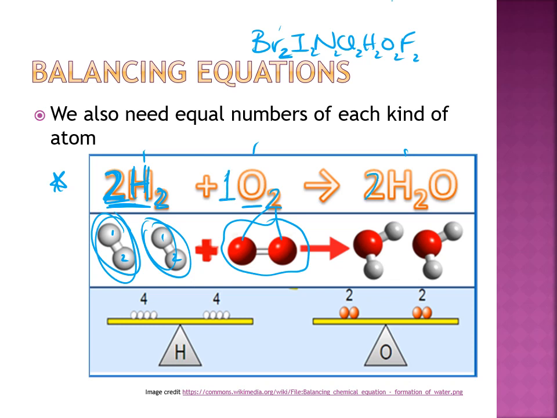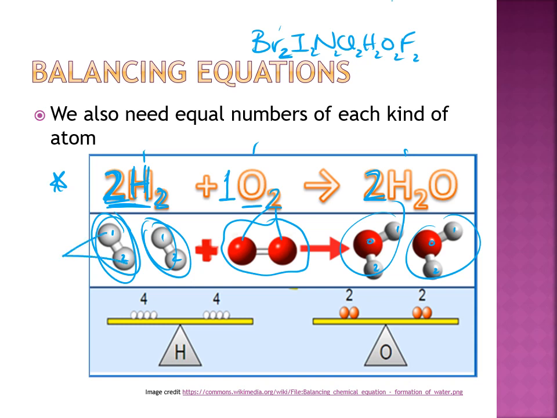And that's going to make 2 molecules of water. I have H2O, here's my 1, 2 H's and an O, here's my 1, 2 H's and an O. There are 2 molecules of water. What's super cool is if I count all of my atoms of each element, they're equal on both sides.